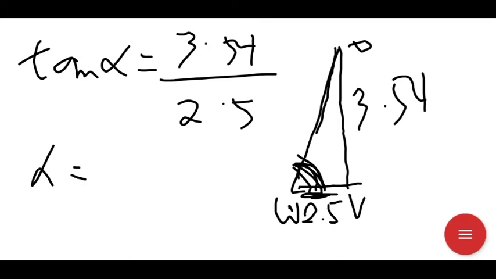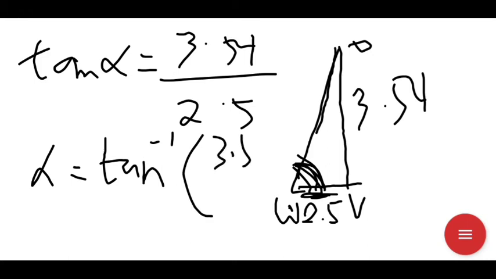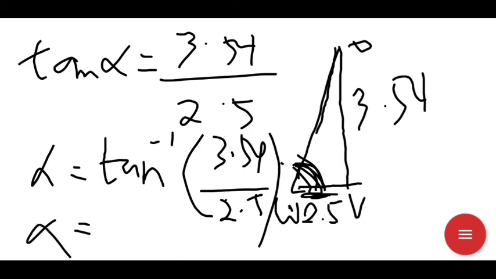So the angle will be tan inverse of 3.54 over 2.5. Your theta should be 54.77 degrees. So that's the angle the face OAB makes with the base. That's the angle between them.